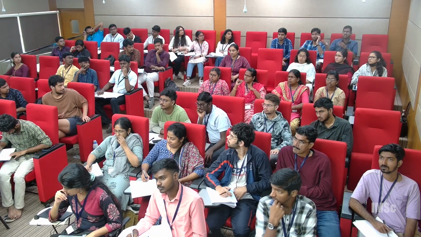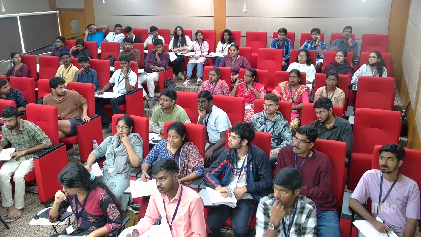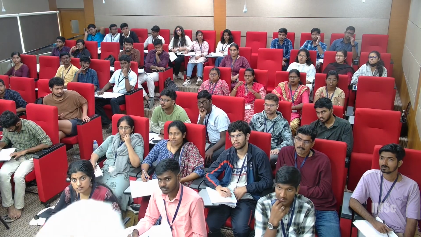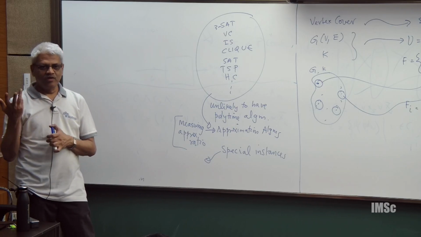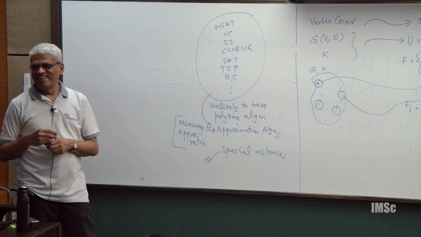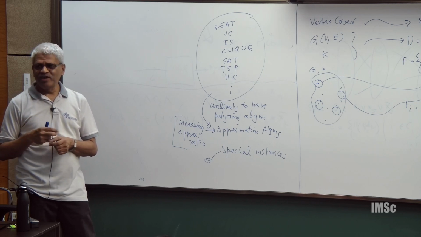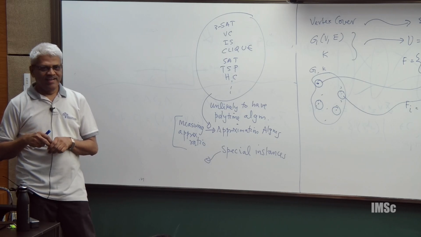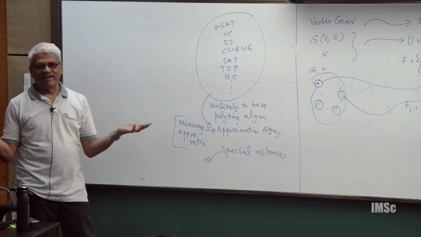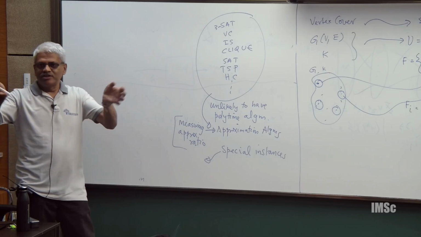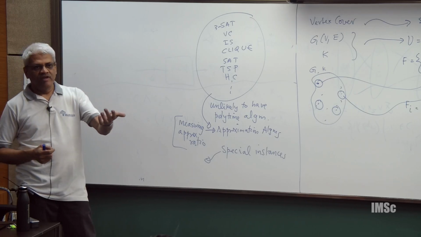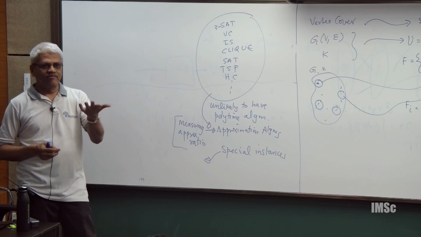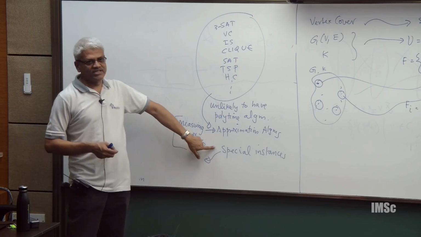If we take 3 vertices, any 2 do not have an edge; you don't even have a triangle in the graph, so how can you have any big clique? In fact, even 2 may not be there. It can be 1. When is the max clique 1? When there are no edges in the graph. So that's sort of an extreme example where if I know something about the graph, then the problem is not NP hard. You can solve it. So that's what the special instances are.